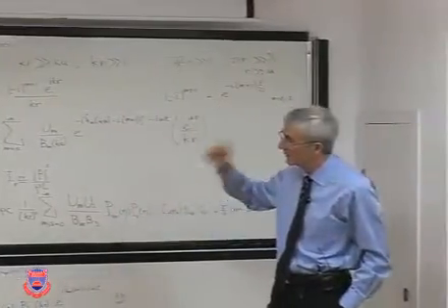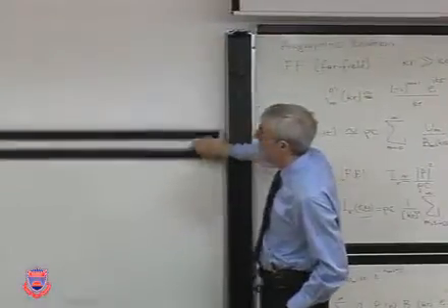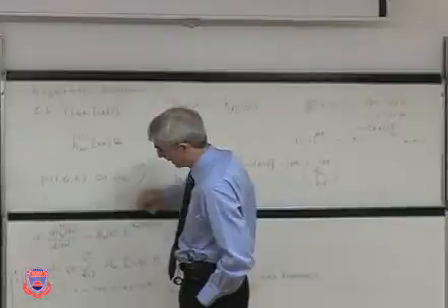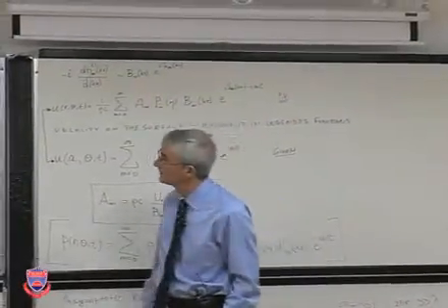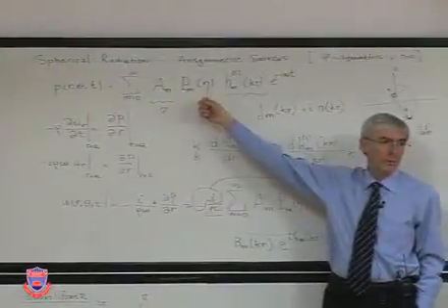Now, do you have any questions about this, what we have done? Let me just very briefly review what we did, because I don't think I erased anything. Okay. We take the form of the solution.